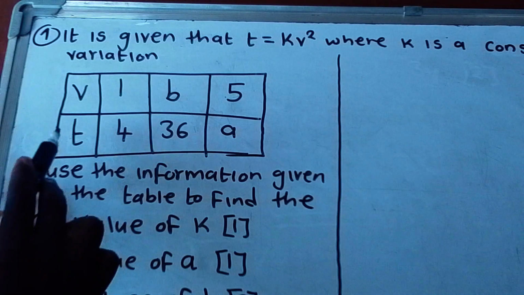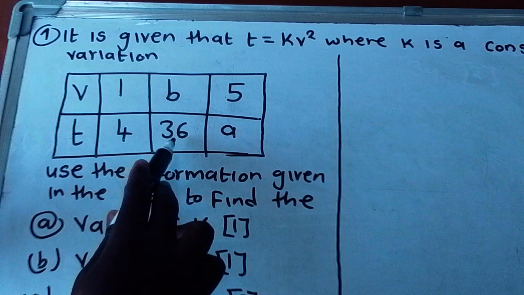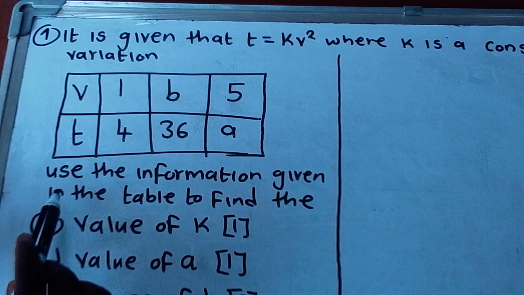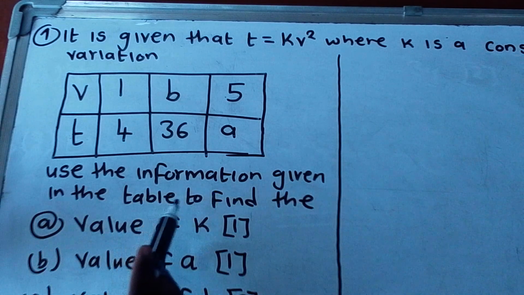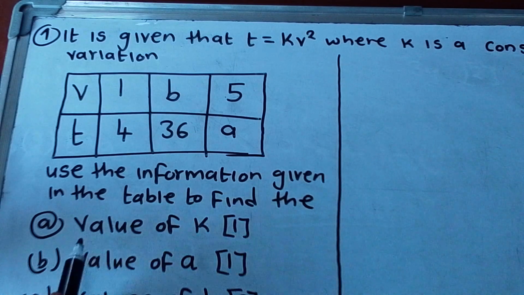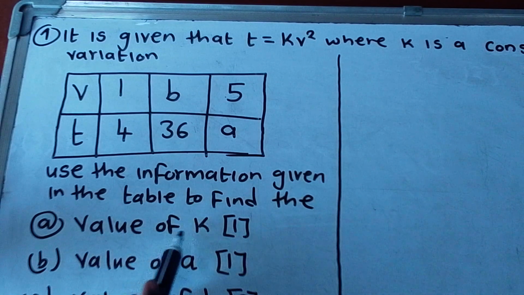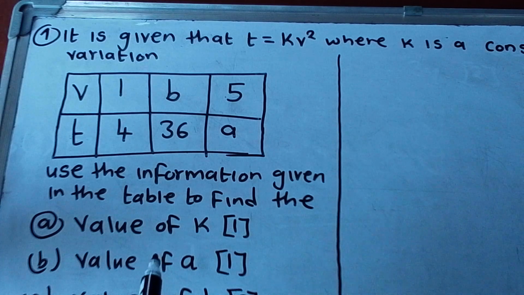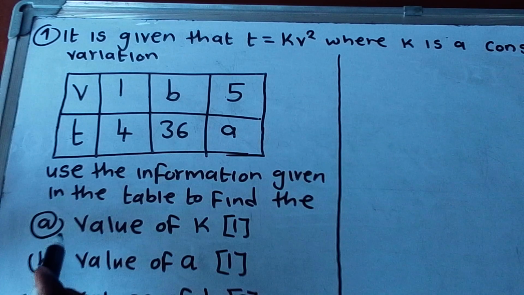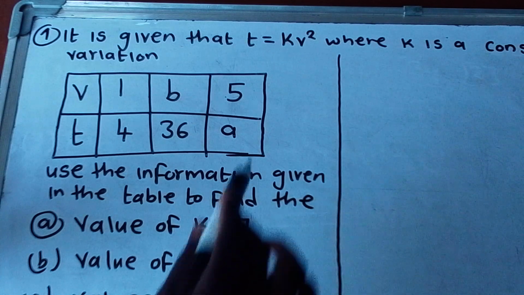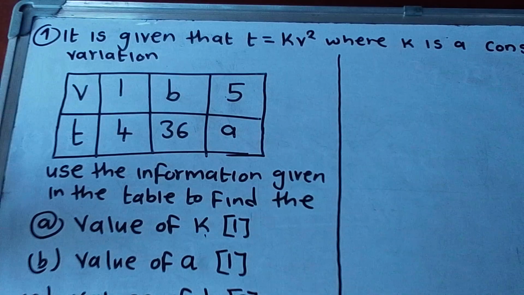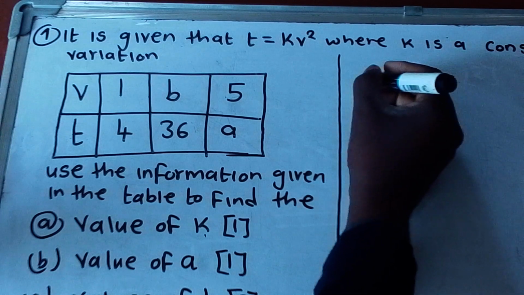The values for T are 4, 36, a. They are saying use the information given in the table to find the value of K. You have to know what to do, because the first one they said is the value of K. And you have been given the formula, which is part A.